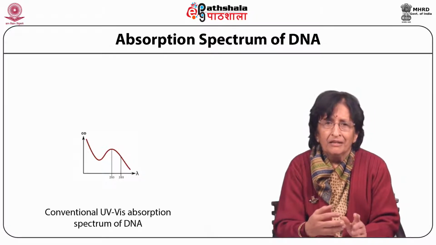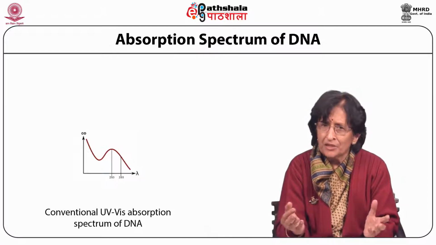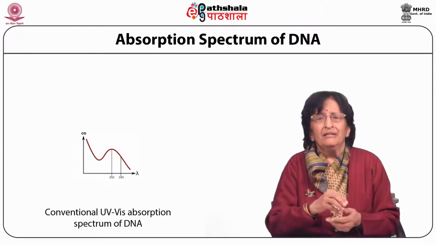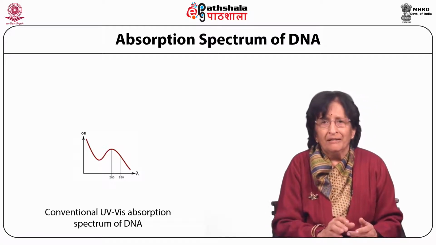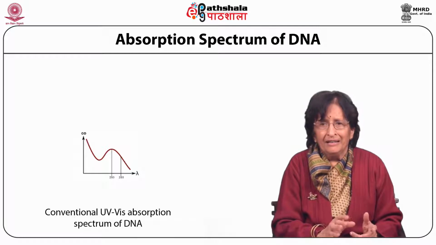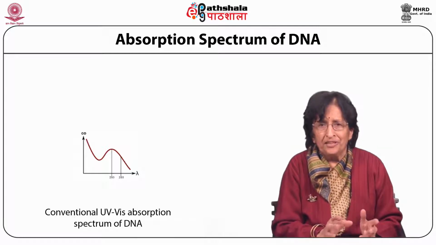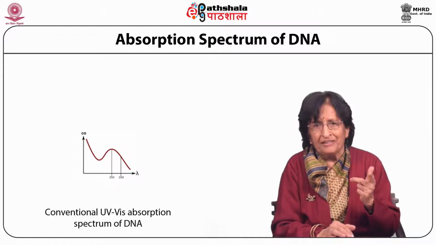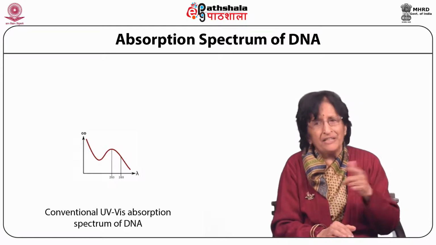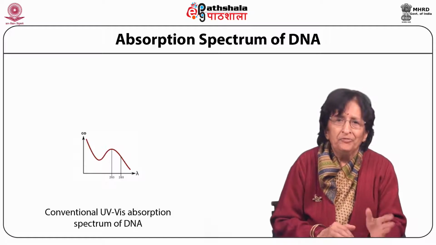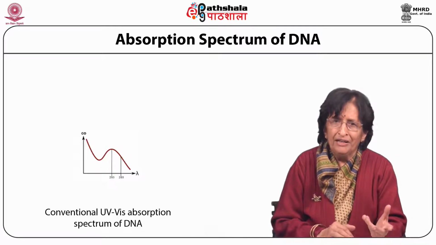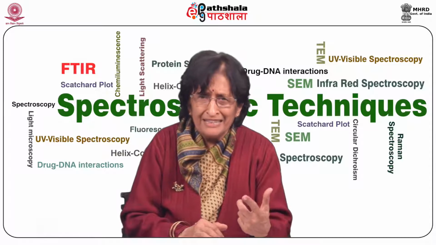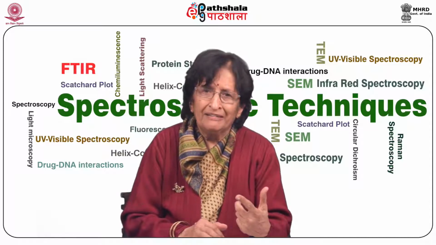This spectrum arises from the transition in the aromatic bases: adenine, thymine, guanine, cytosine, and uracil. Depending on the base composition and the environment, these peaks can shift from 255 to 265 nanometers. The bases can be protonated.